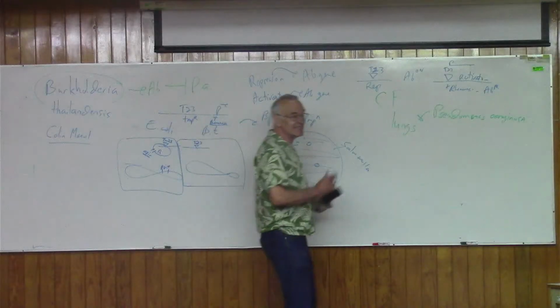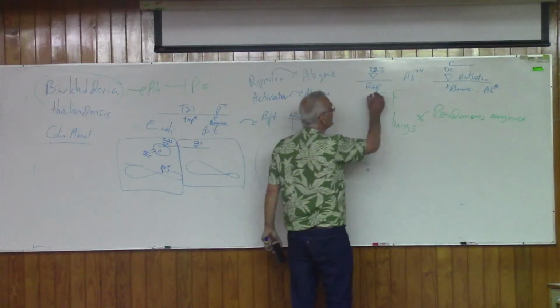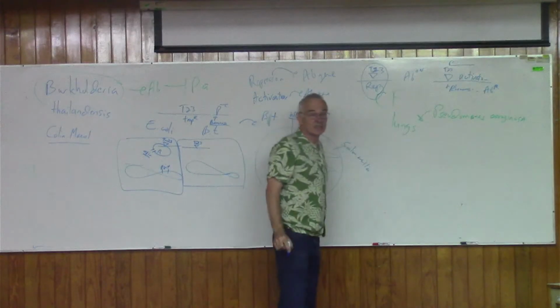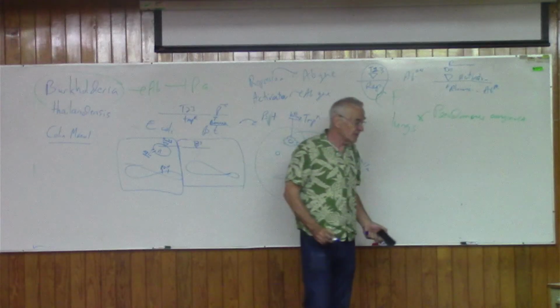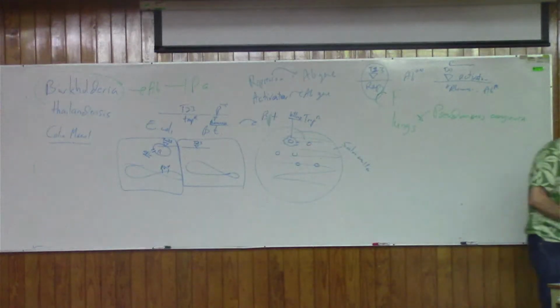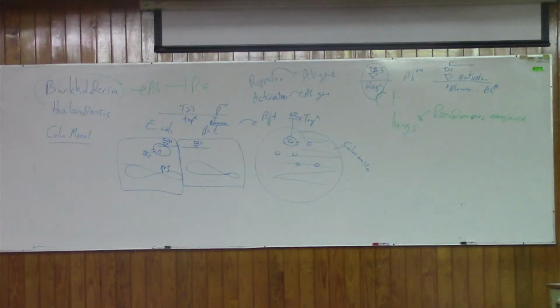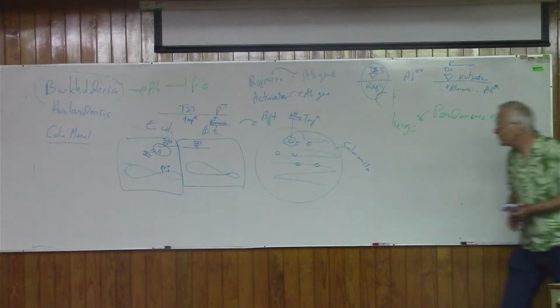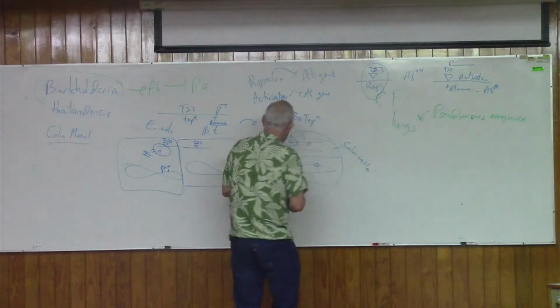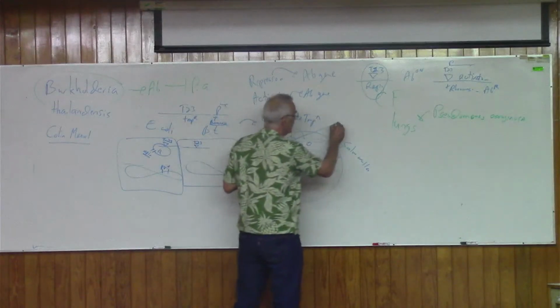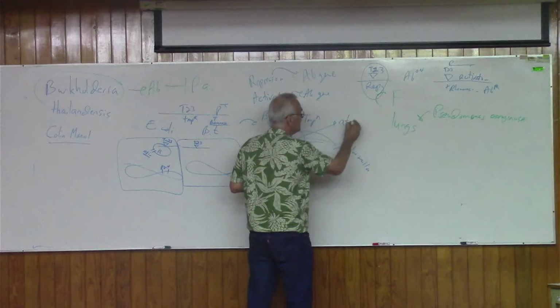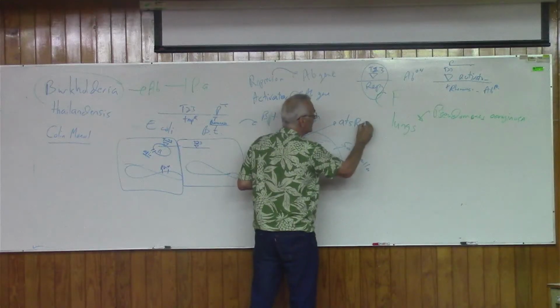Okay. But it turned out, though, that we could make insertions in a repressor. Okay. And I think that's called the ATSR. Try to remember. And so these were insertions in a gene called ATSR.